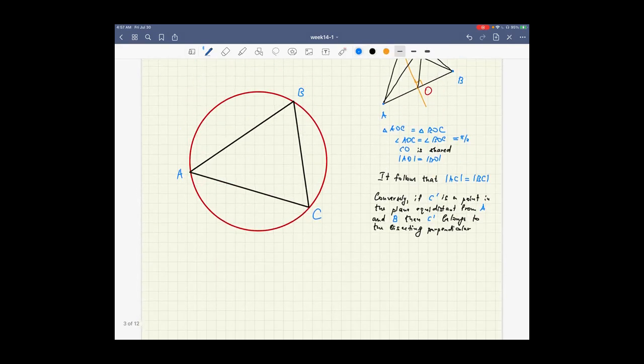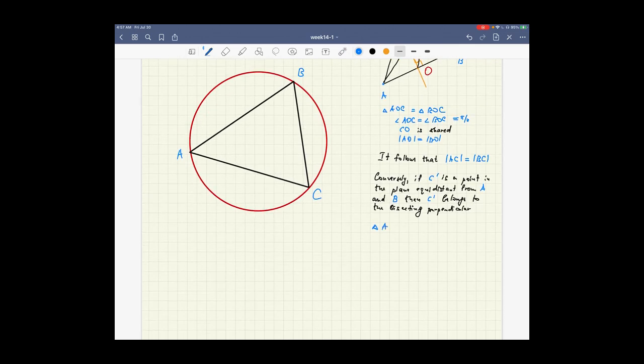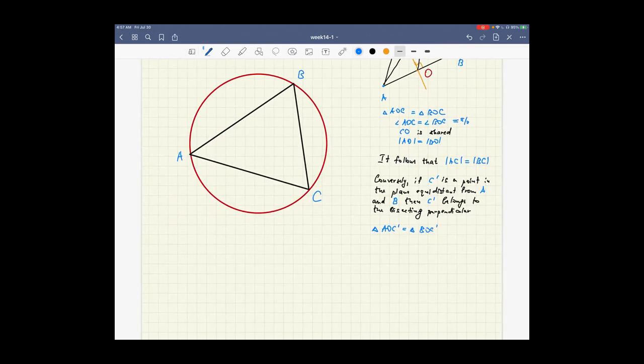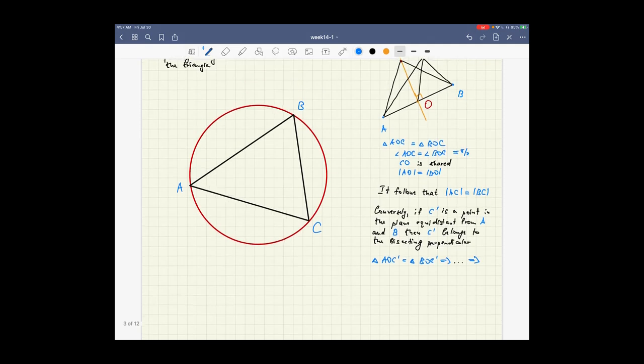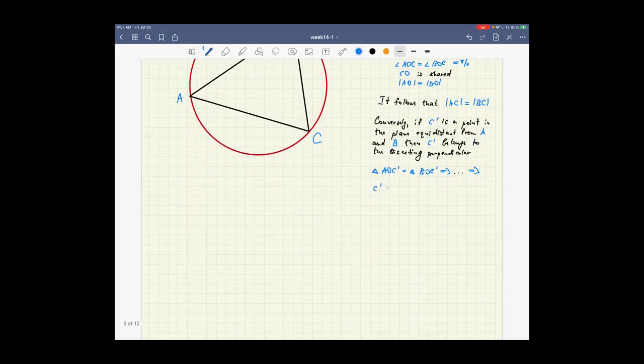So the main point is, of course, that triangle AOC prime equals triangle BOC prime. And that, after very few steps, implies that C prime belongs to the line OC.